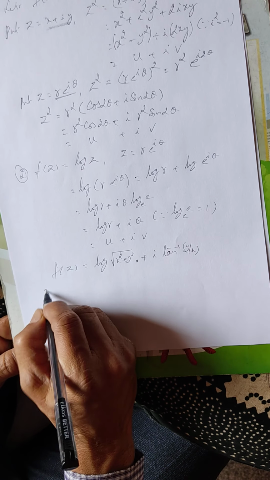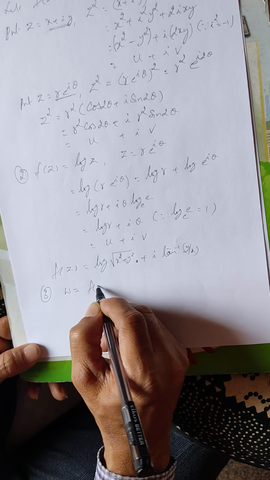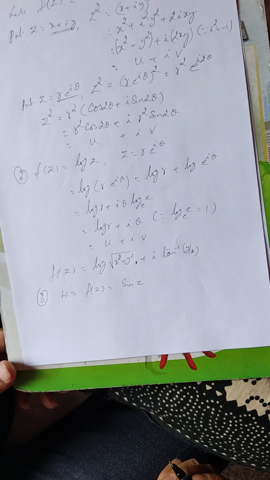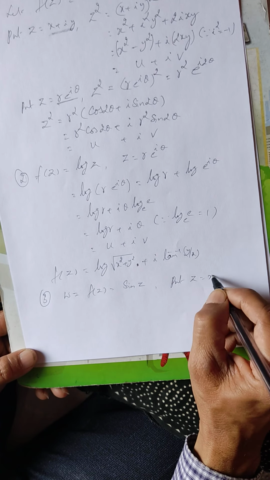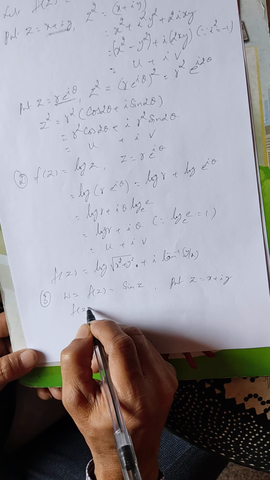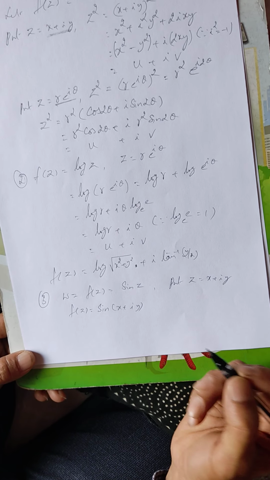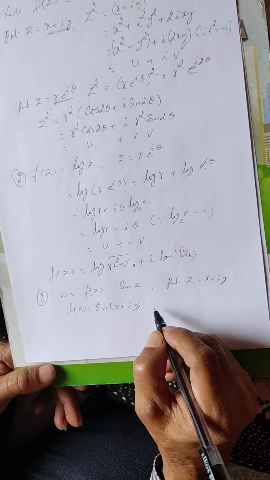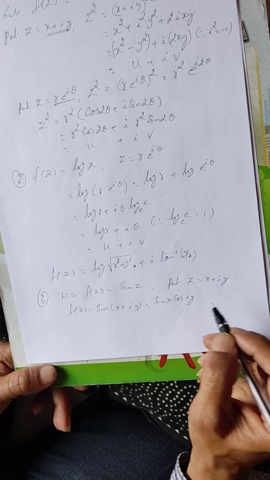I'll write one more example where the function is w is equal to f of z is equal to sin z. So here let us substitute z is equal to x plus iy, then f of z is equal to sin of x plus iy. So sin of x plus iy is in the form of sin of a plus b, which can be written as sin a cos b plus cos a sin b.